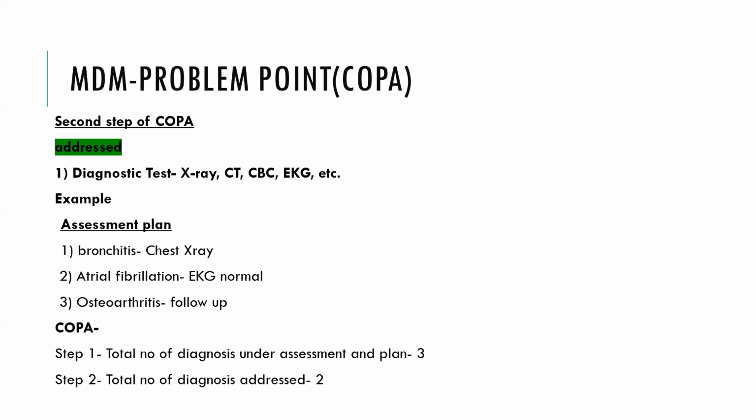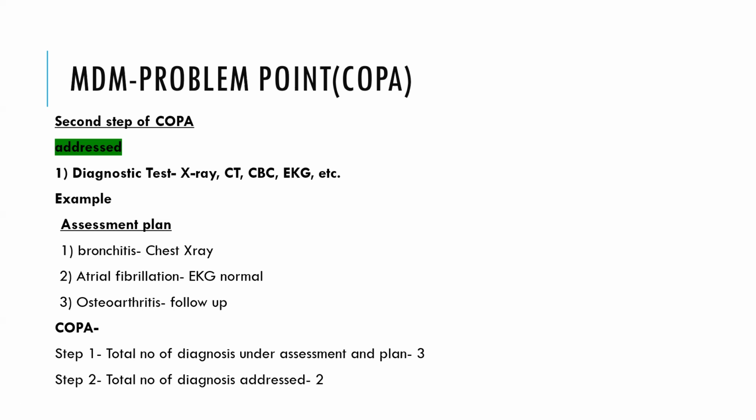Under assessment and plan, how many conditions do we have, Tanya? Three conditions: bronchitis, atrial fibrillation, osteoarthritis. Now, for bronchitis, the doctor said he has ordered the chest X-ray. Chest X-ray comes under the test section, so we can say bronchitis is addressed.